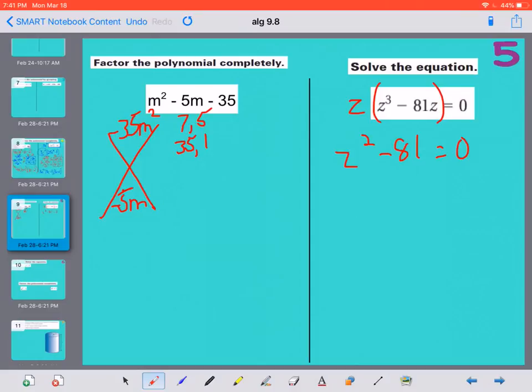So then I would factor that. Because this has a squared, I gotta look to see if I can factor it. So let me check. I would have negative 81 z squared, and 0. Looks like I can because I can put negative 9 z and positive 9 z.